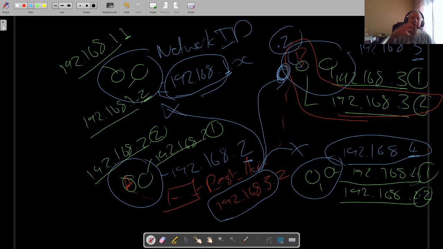Okay, so that's why we have IP addresses and why IP addresses are so important when discussing networks. We need to find the right network, and all the networks all over the world need to be unique.